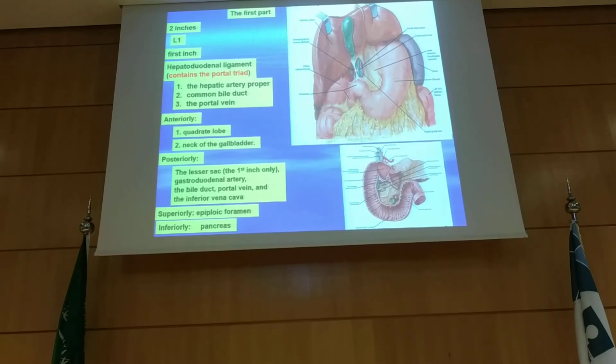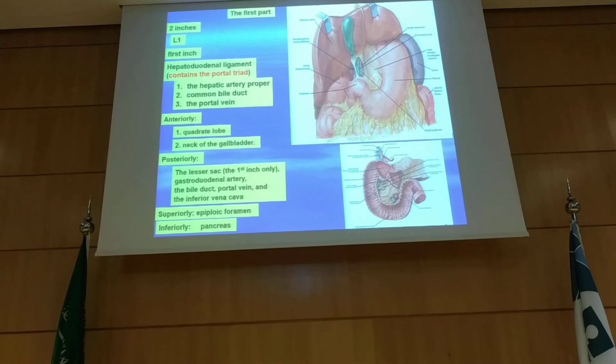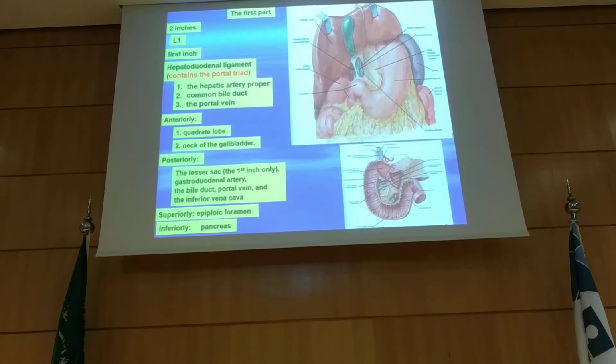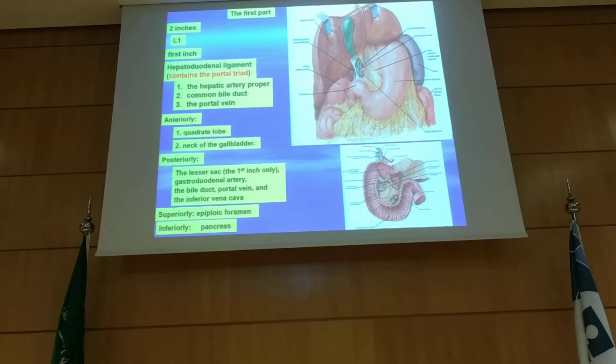Now, superior to the first part of the duodenum is this opening into the lesser sac. What do we call this? If you had a lecture on peritoneum, you will know. Yes. What do we call this? Epiploic foramen, right? This is the epiploic foramen. You can see it in the lab.